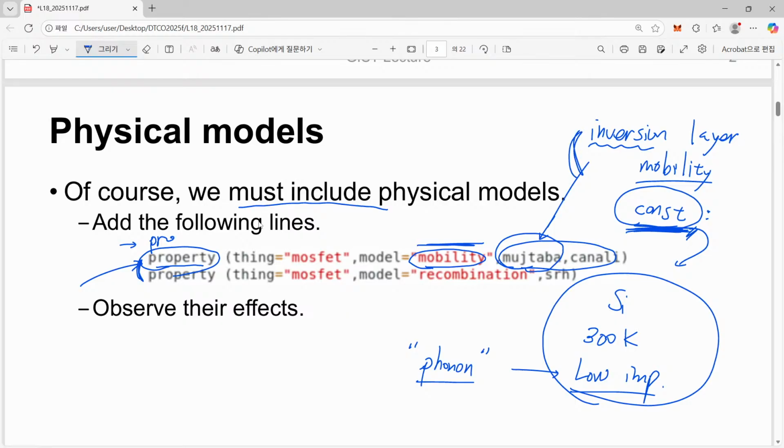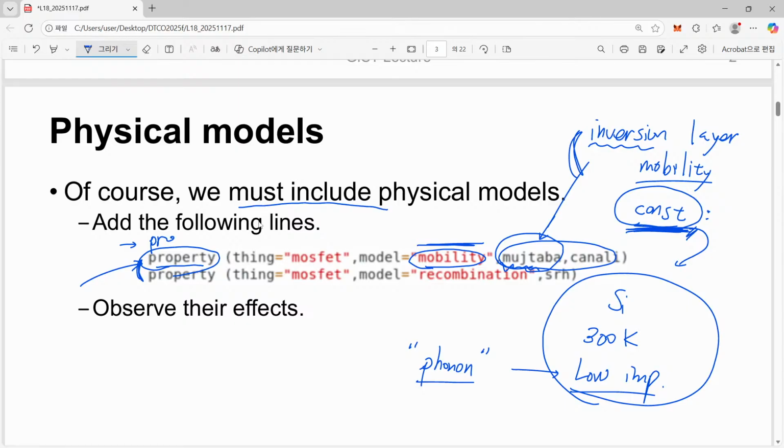So when you specify this model, then there are really many effects related with this inversion layer mobility model automatically included, and it has a long list of parameters, but we are just taking parameters from the author's original paper.